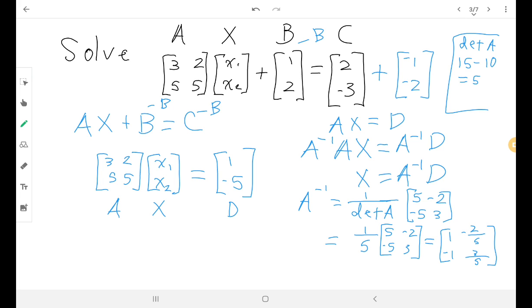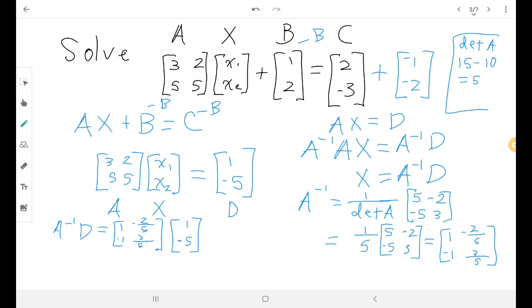And now I just have to do A inverse times D. So that is this 1, negative 2/5, negative 1, and 3/5 times 1, negative 5.